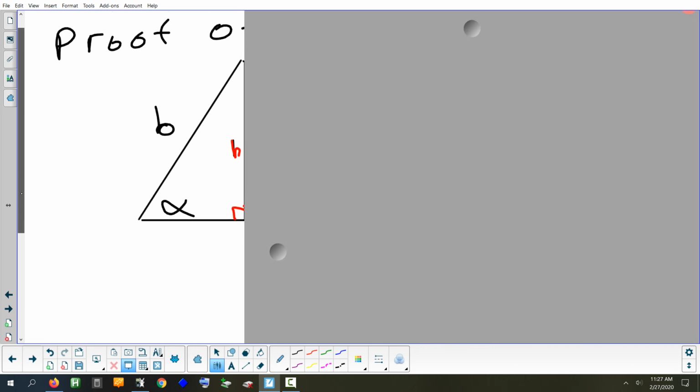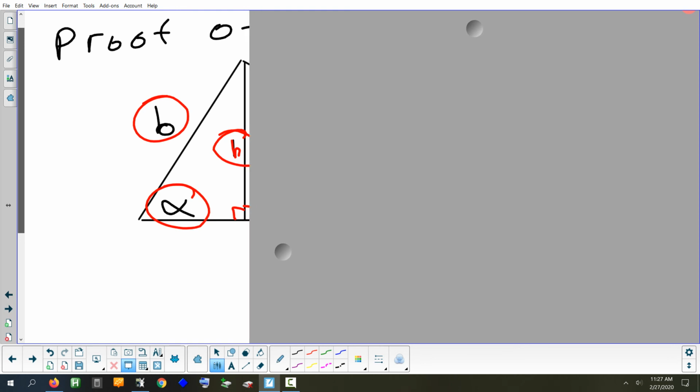All right. So I want to come up with a formula to solve for the height of this triangle. And I want to use stuff I already know. That's the angle I want to use. That's the height. And that's the side I want to use. What's the name of the side that we've labeled H from the perspective of alpha? It's the what side?